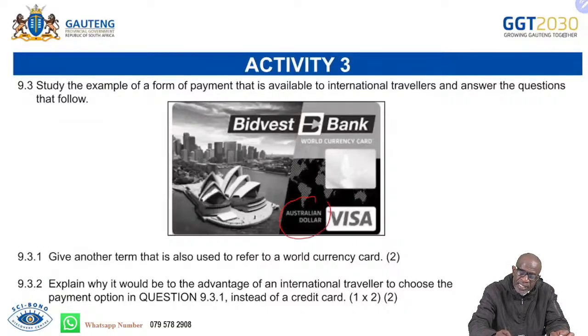Hence, it indicates the currency that is loaded into this debit card. So it says 9.3.1, give another term that is used to refer to a world currency card. 9.3.2, it says, explain why it would be to the advantage of an international traveler to choose the payment option in question 9.3.1 instead of a credit card, and that it's allocated 2 marks.